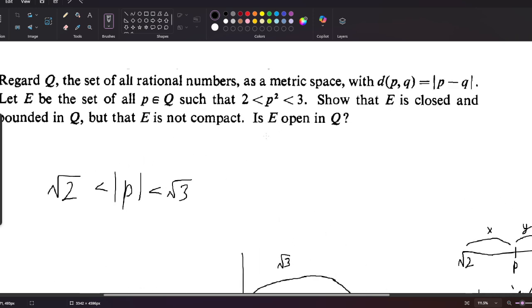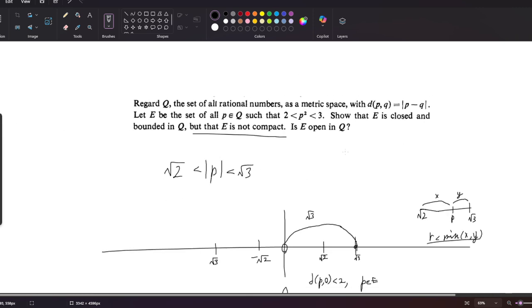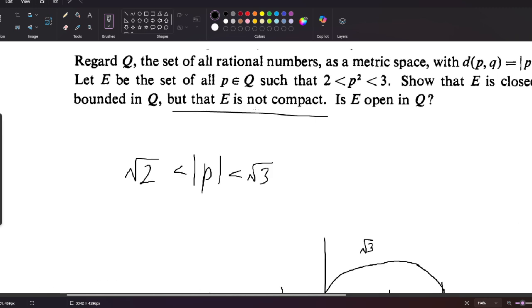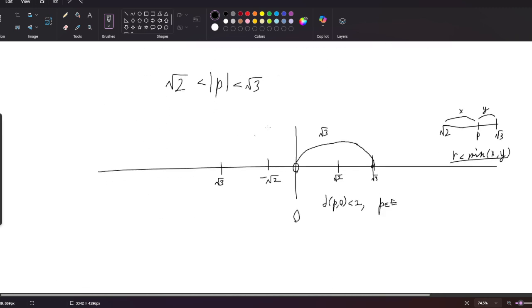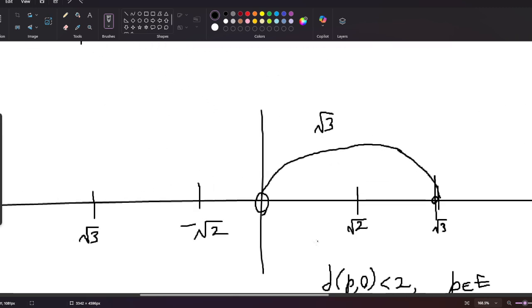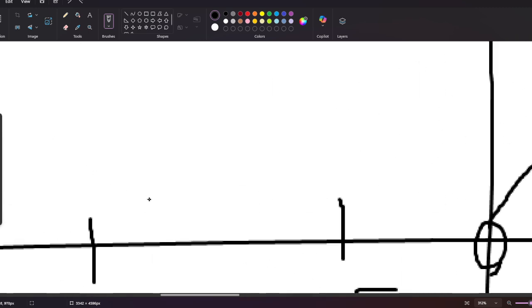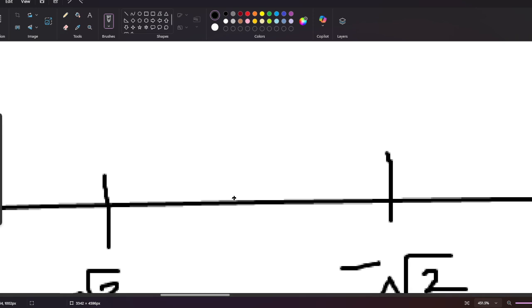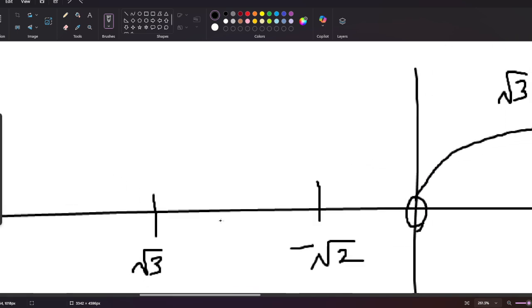Now let's continue. We have to discover whether E is compact or not. Well, the reasoning suggests that it is in fact not compact, but we still have to show that. So my idea is, just like in the previous video, we can go ahead and subdivide all of this.